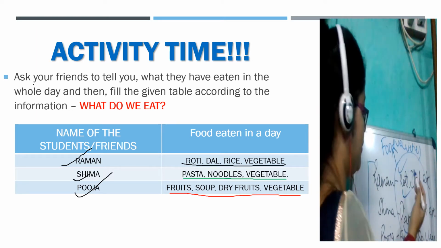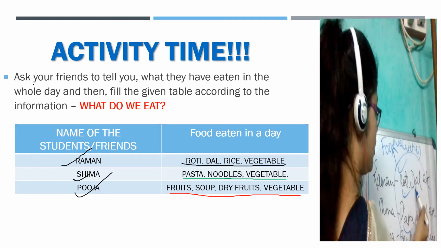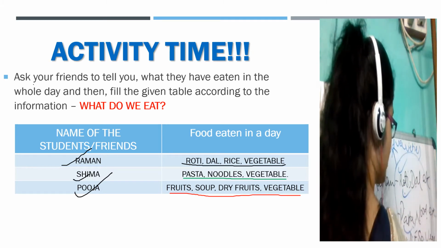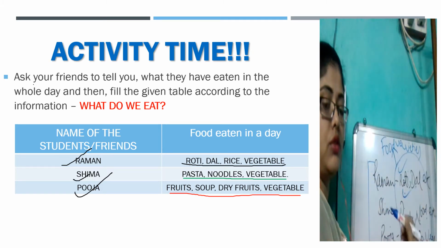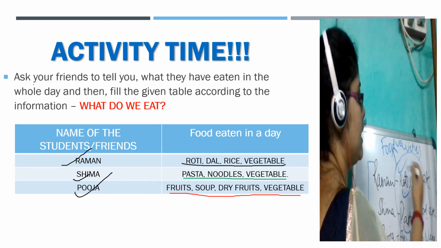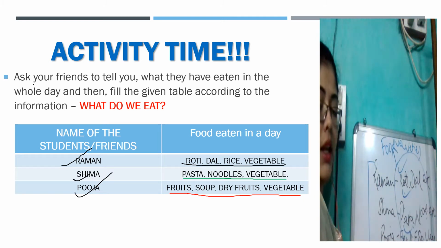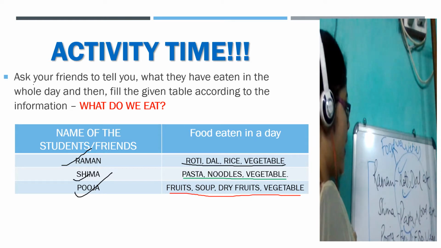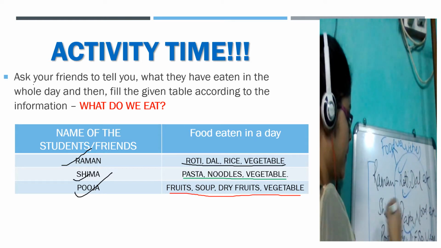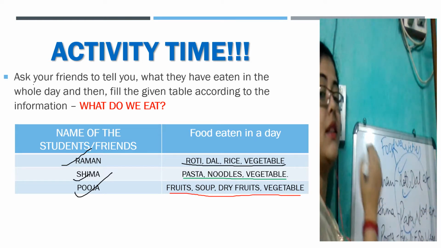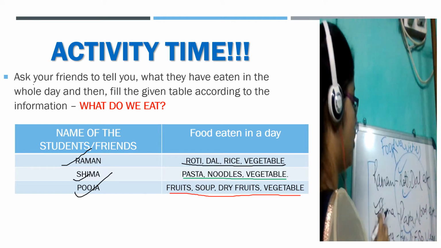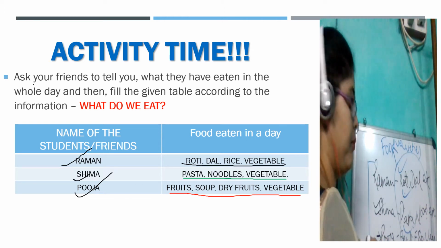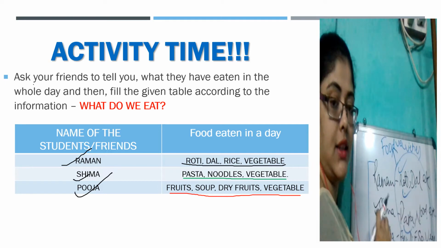Why? Because if you can see, there are roti also, dal also, pasta also, noodles also, soup also, dry fruits also, fruits also. Okay, so these are the different foods available in front of you. And one more thing, Seema is also okay. She is not as health conscious as Pooja, but she is quite health conscious.